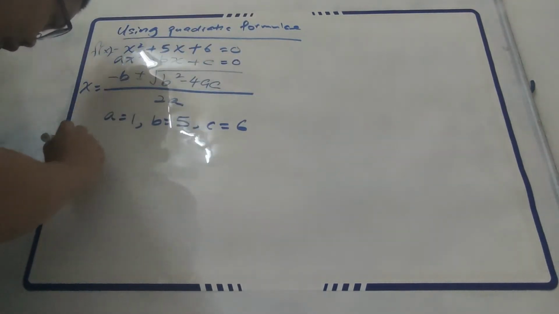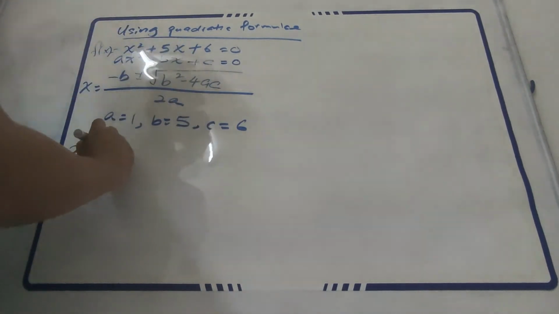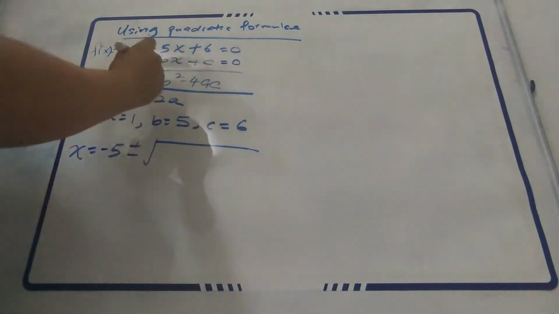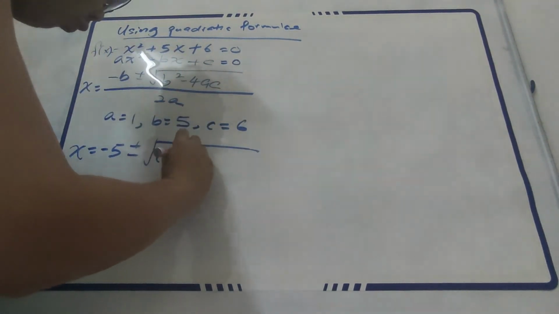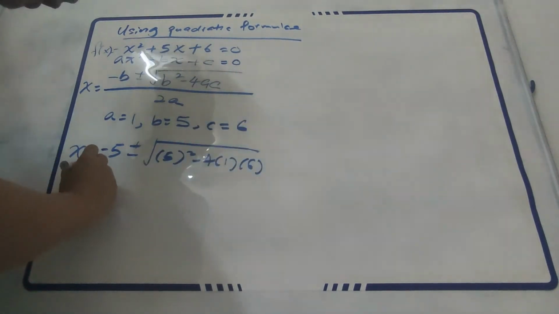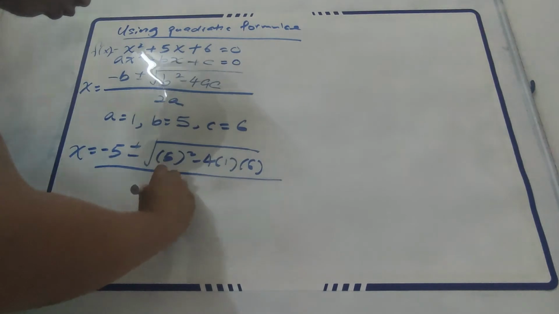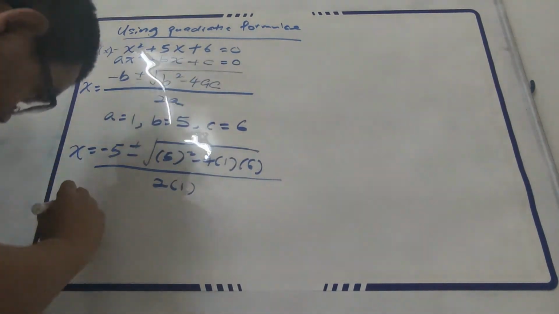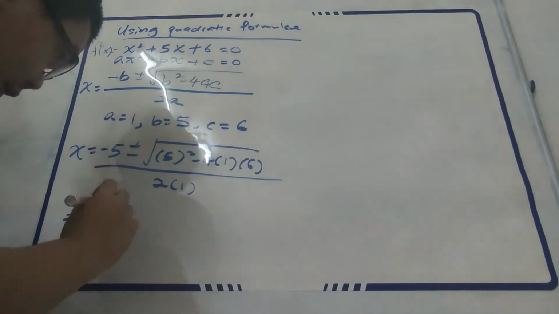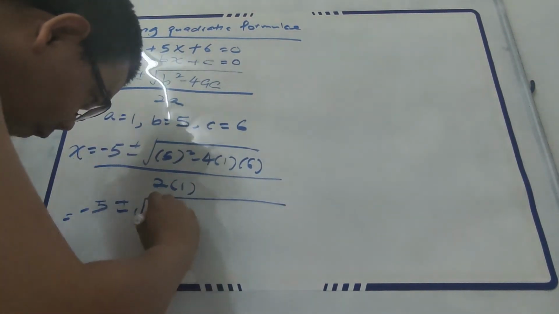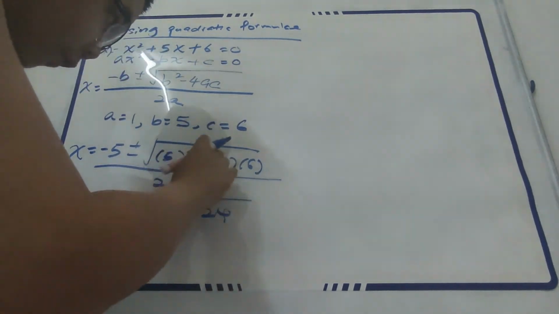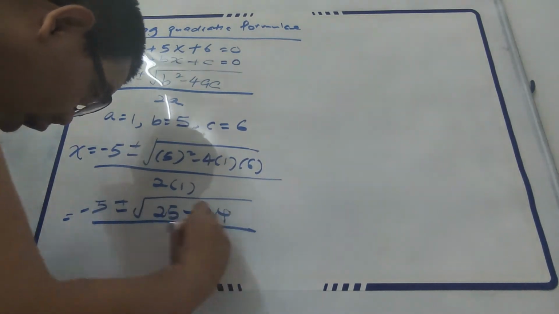You substitute inside: x equals minus 5 plus and minus square root of b squared, 5 squared minus 4 times 1 times 6, then divided by 2 times 1, and then continue: minus 5 plus and minus square root of 25 minus 24, because it's 4 times 1 times 6, divided by 2.